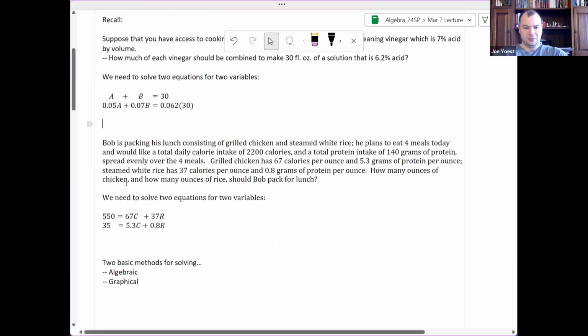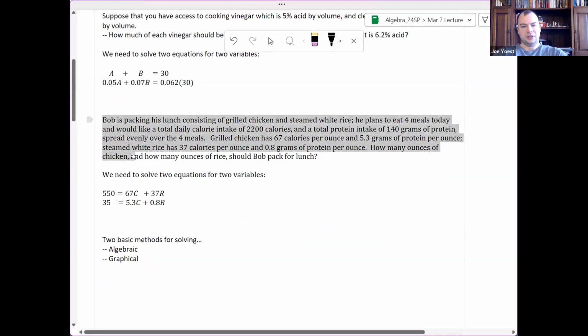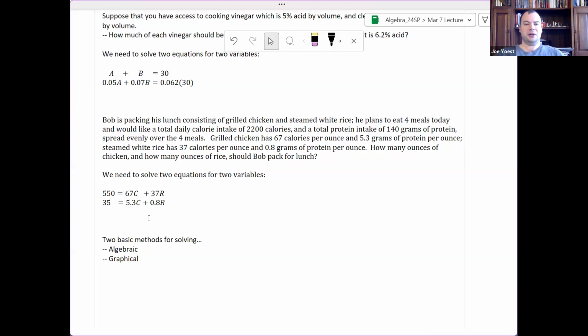And also last time we saw this example with mixing the chicken and rice for a lunch to meet both a desired calorie need and a desired protein need. Same comments go for this one. We have two equations, 2 degrees of freedom: two unknowns, two variables, two constraints.